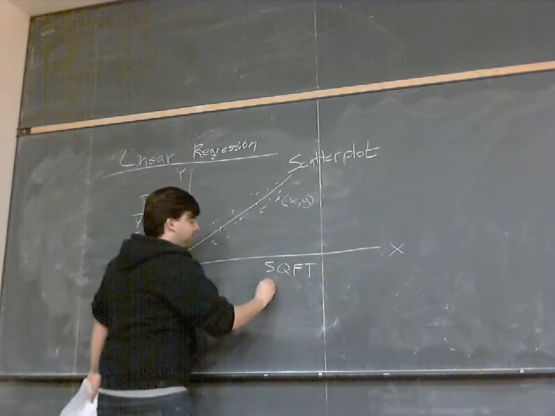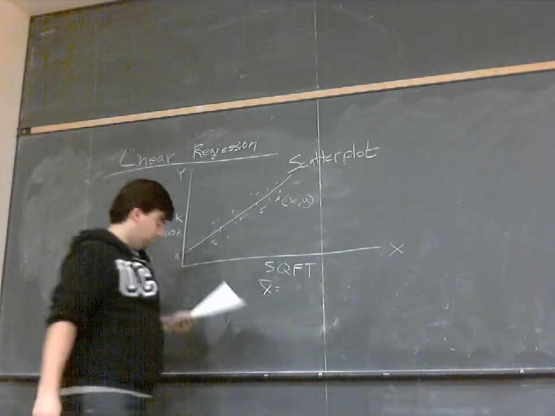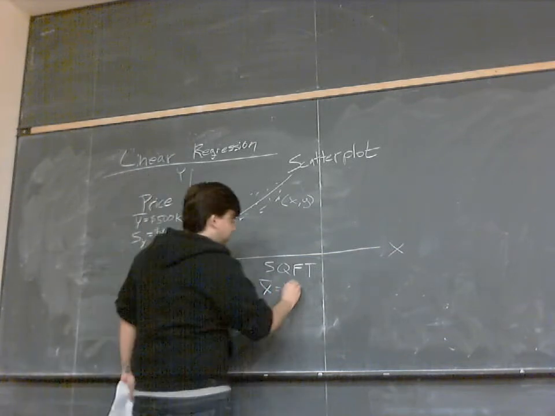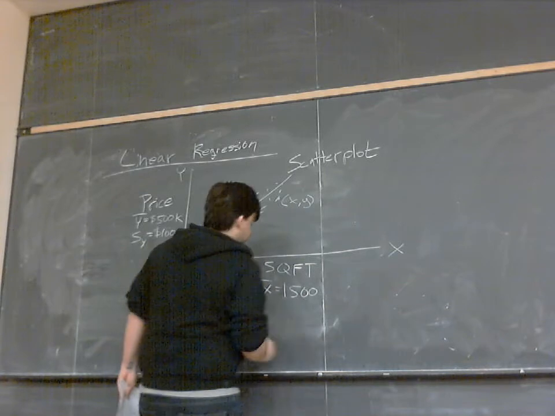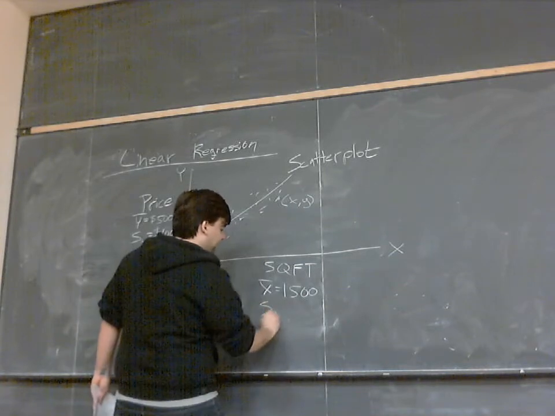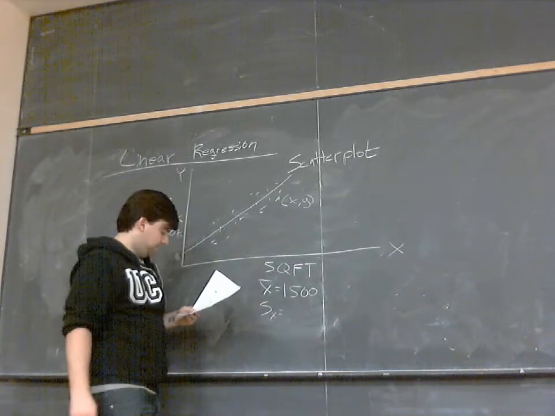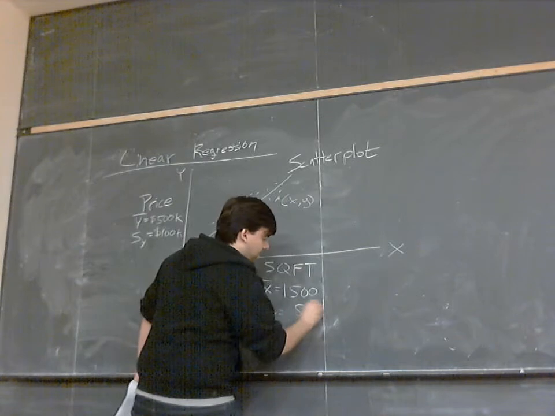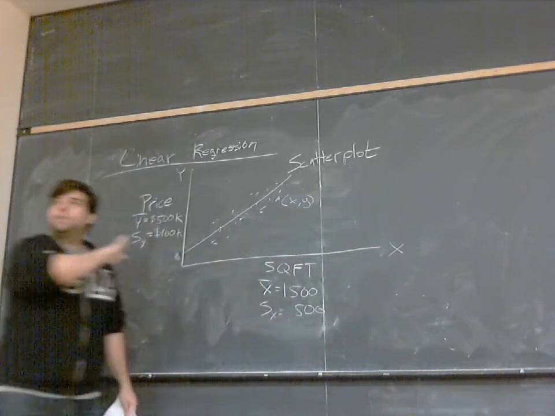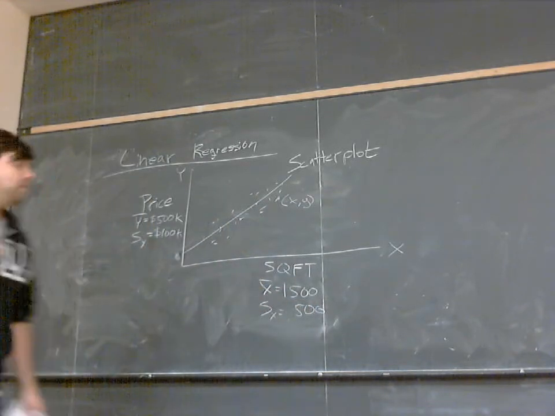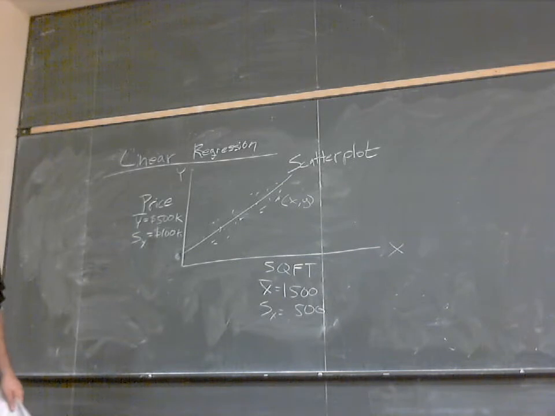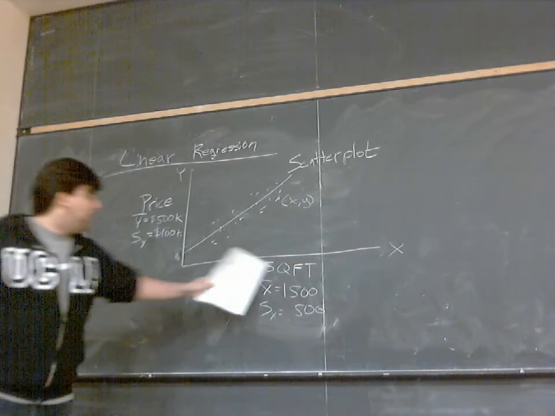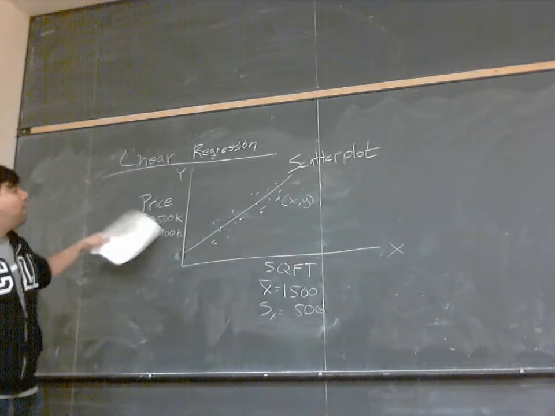The average square foot, x bar, say is 1,500 square feet. And the standard deviation of square feet is 500. This all has to be given in the question, and it will be. There are 5 pieces of information you need. This tells me all about x. This tells me all about y.